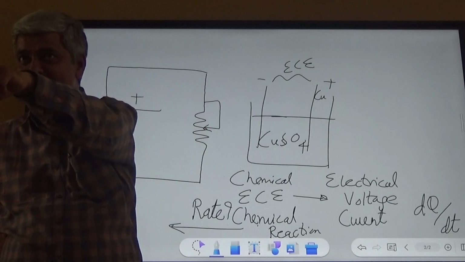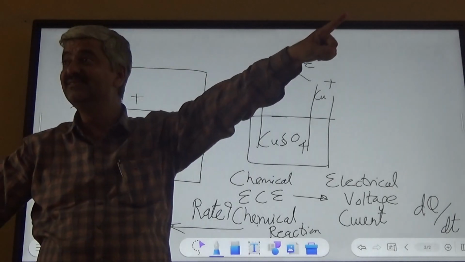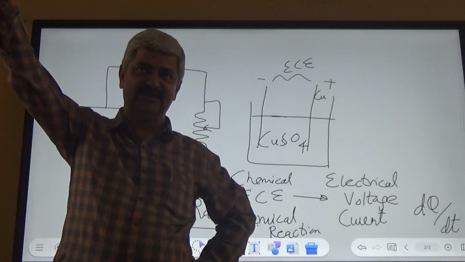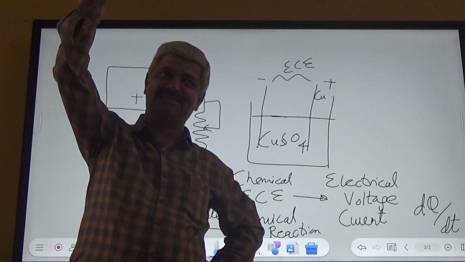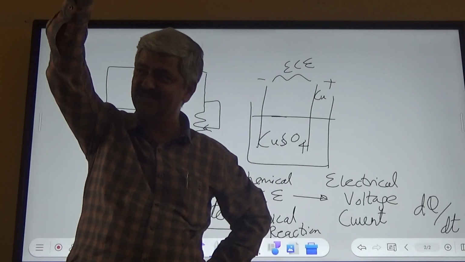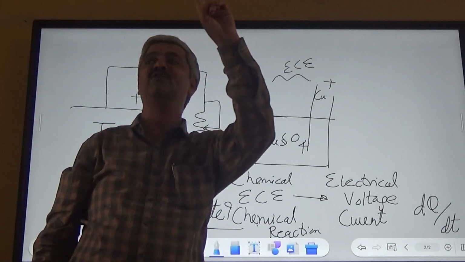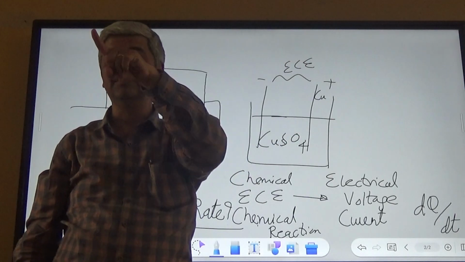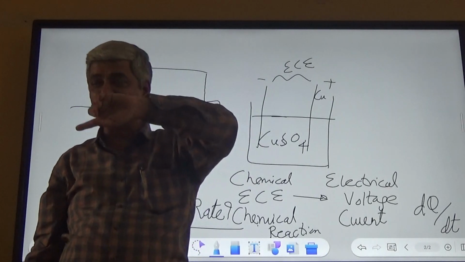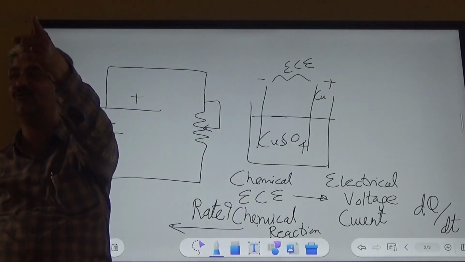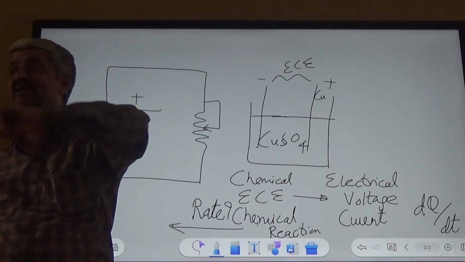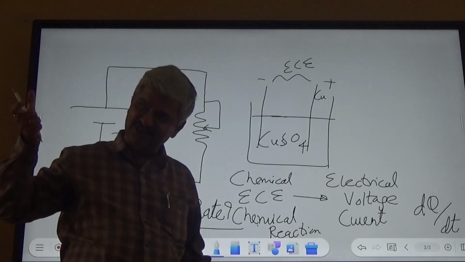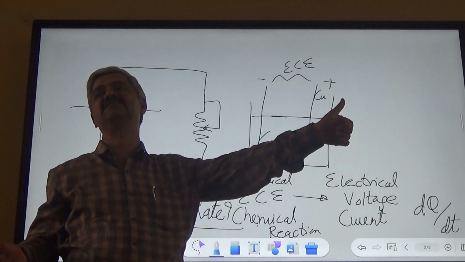That maximum value of concentration will put a cap on the maximum value of chemical reaction, and that will put a cap on the maximum value of current which the battery can supply. Is it right? So ECE is a property that will give you what maximum voltage it can supply. Now we have come to that. And saturation will give you what maximum current it can give.